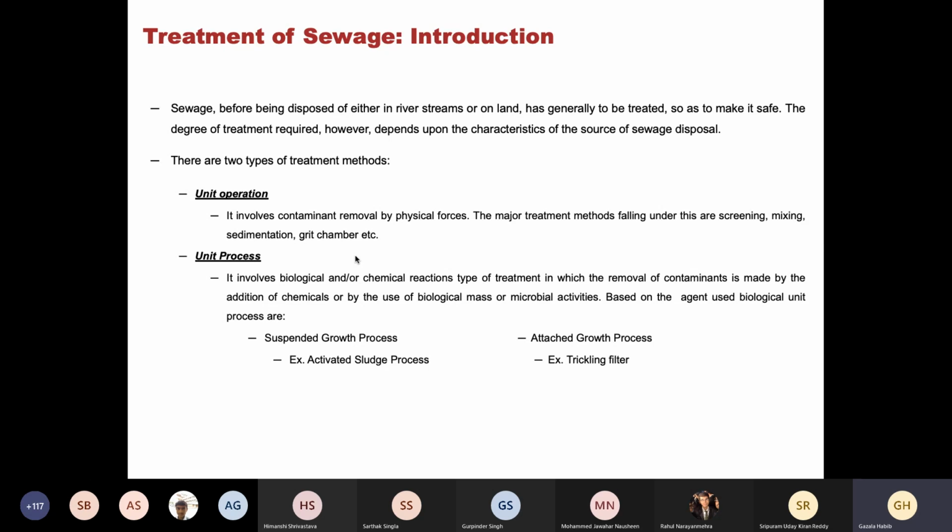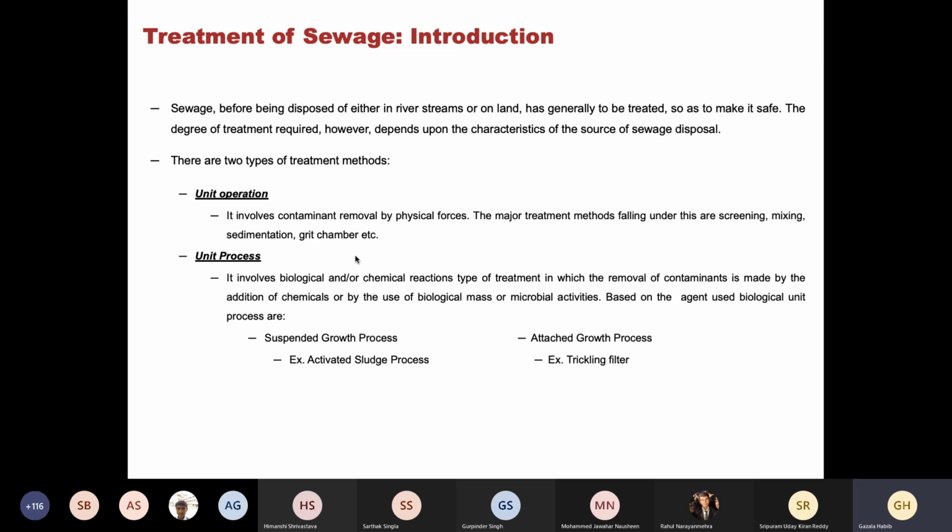For example, if I want to dispose of the sewage in an agricultural field, we need to remove the pathogenic bacteria. That treatment is known as tertiary treatment. In general, pathogenic bacteria removal from the sewage is not practiced until it is required. This is just an example. There are other tertiary treatments also.